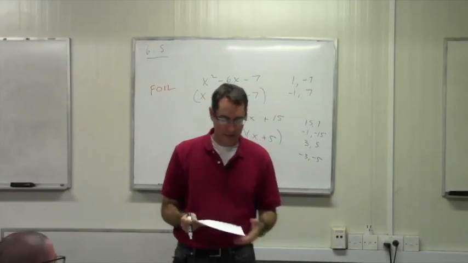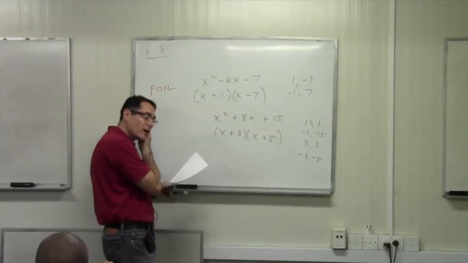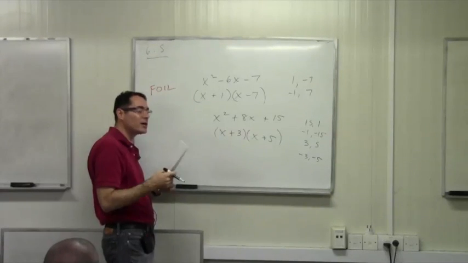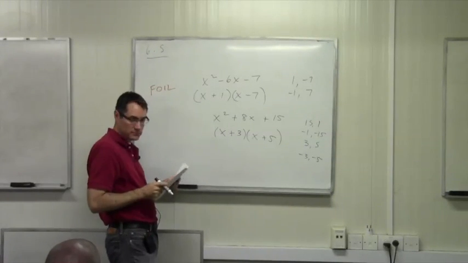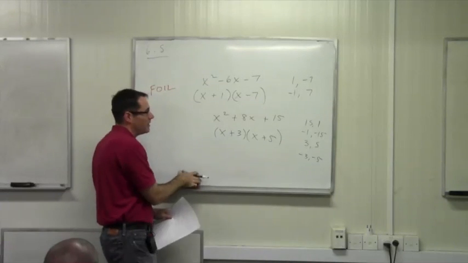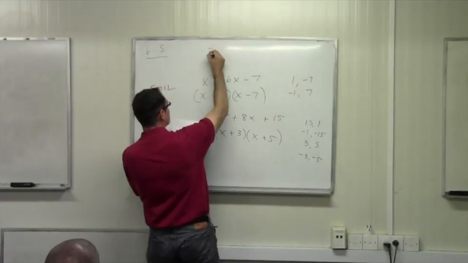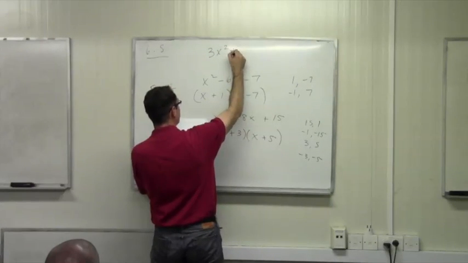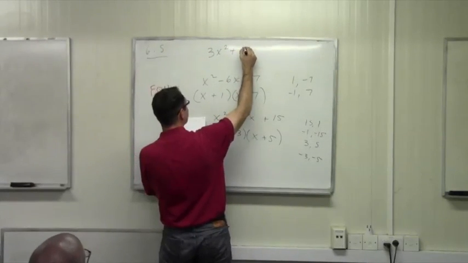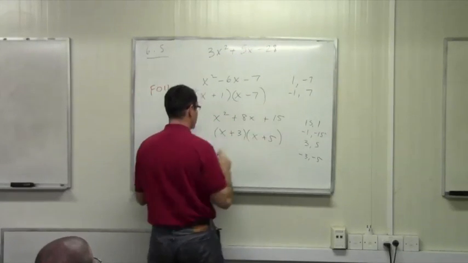Those are the relatively easy ones. It gets a little harder when the leading coefficient is not 1. Any questions on this one, by the way? Let me write this one down, and I'll erase the rest: 3x squared plus 5x minus 28.